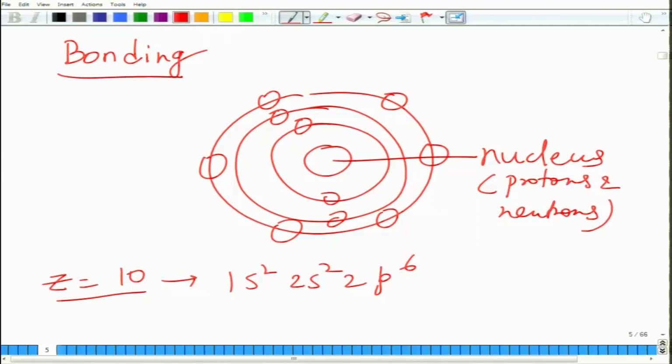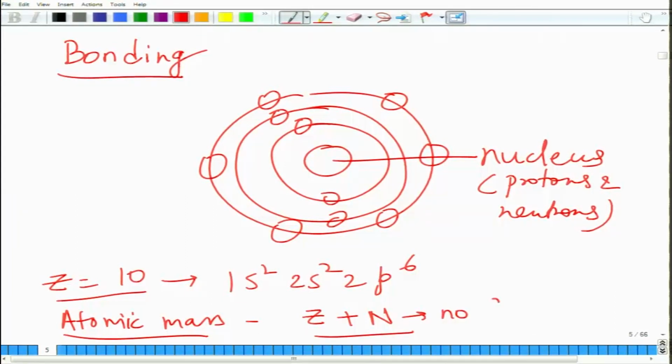So, the atomic mass of an element is equal to Z, which is the atomic number, plus N, which is the number of neutrons, right.